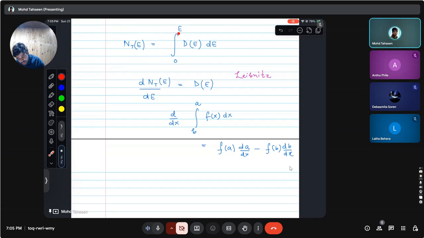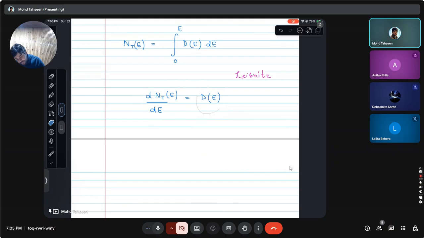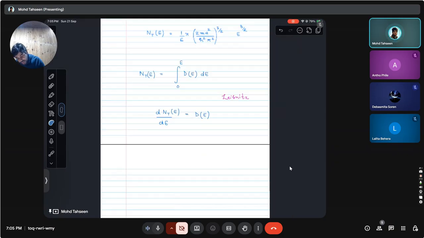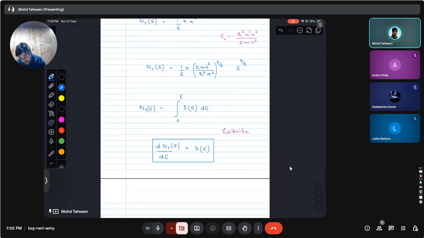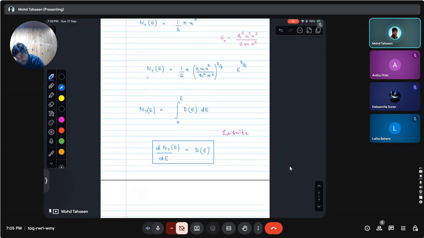Instead of a, I have E, so I'll have d of E times dE by dE, which is 1, and then b is 0, so this term will be 0. Okay, so this is the formula we have. What it tells us is that if we differentiate the total number of allowed states with respect to the energy, we will get the density. So we just need to differentiate this term here.